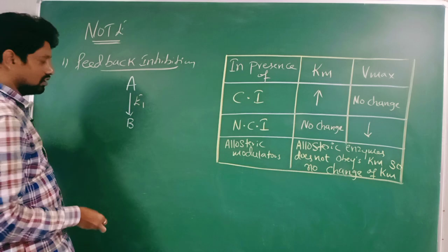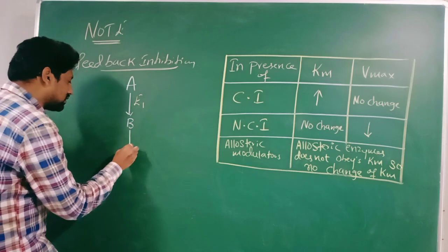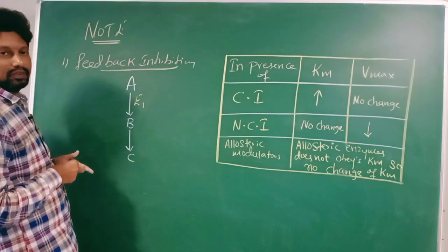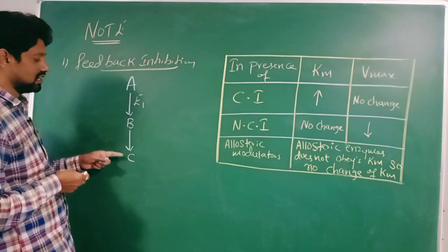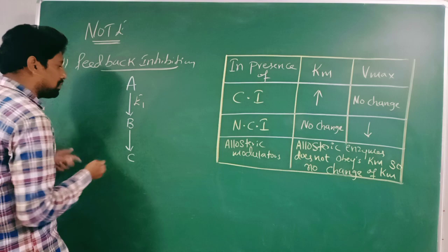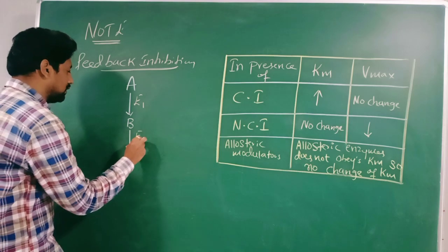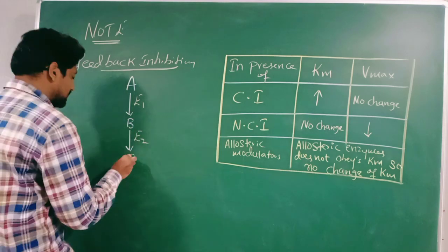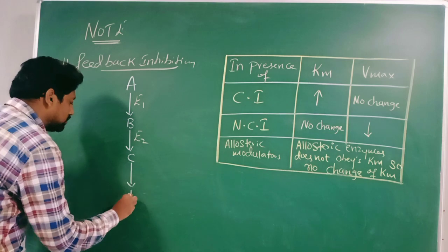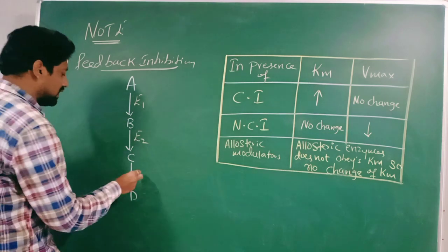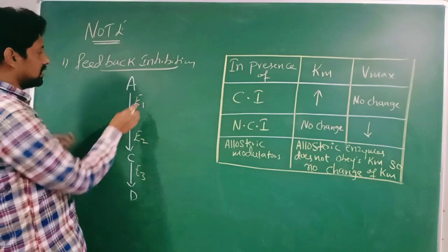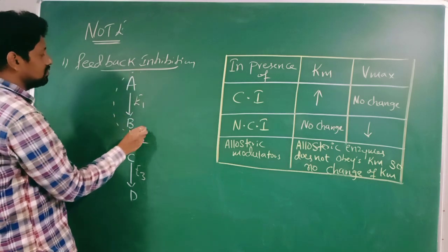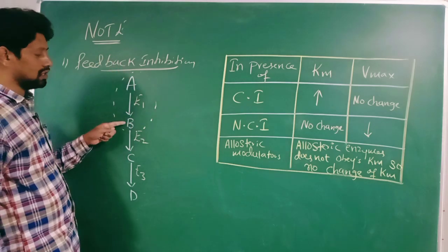In this reaction, A is substrate, B is product. This B is converted into C. Therefore, now B becomes substrate and C becomes product. In the presence of an enzyme by name E2, C is converted into D, in the presence of an enzyme E3. In the first reaction, A is substrate, B is product.